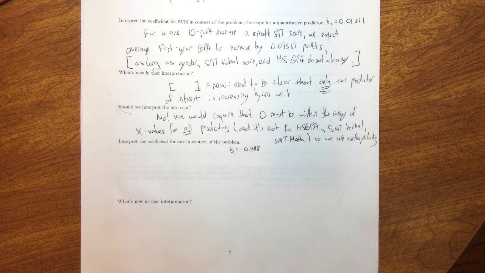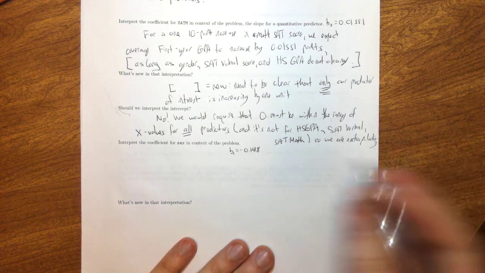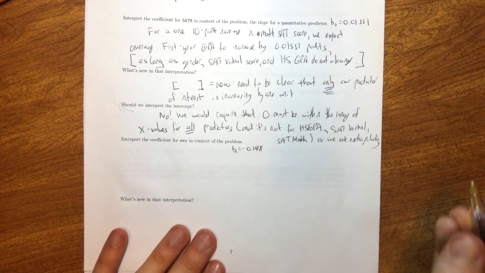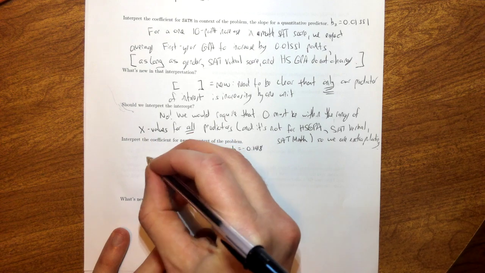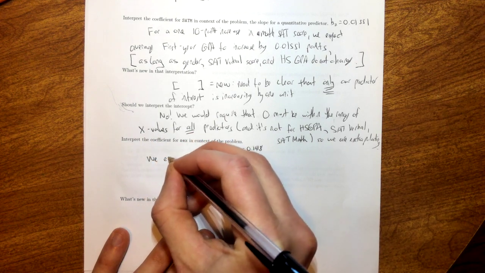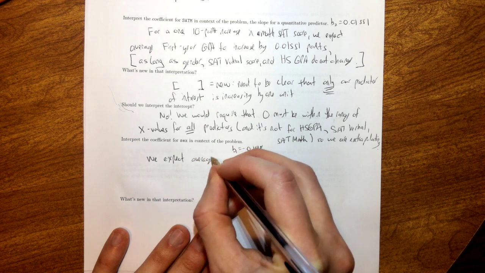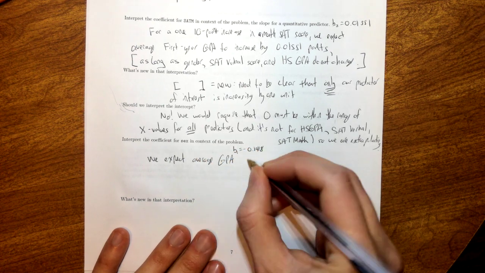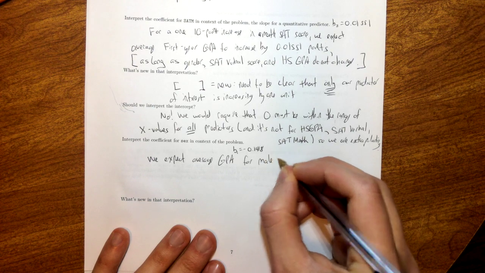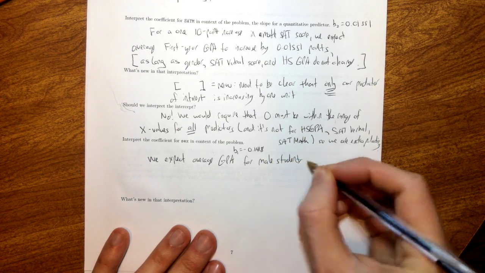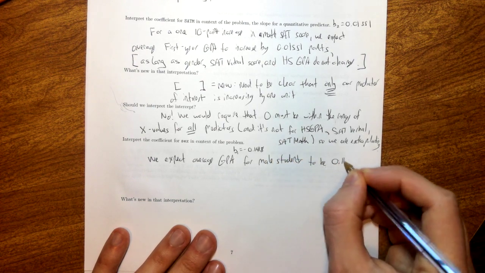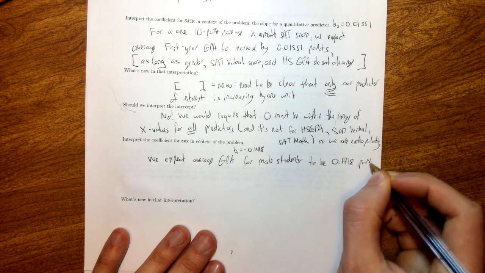Okay, did you pause the video? So if you did pause the video, hopefully you came up with something like this is negative, so we would expect the average GPA for male students to be 0.1418 points.